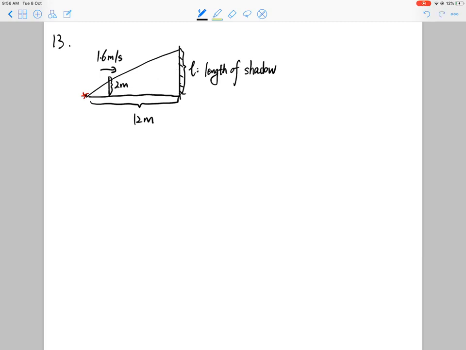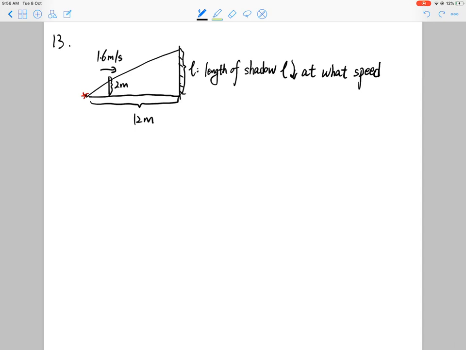So at what speed will it decrease? That's the question. We know the speed of this guy, so what's the speed of the shadow decreasing, at the moment when he is 4 meters from the building?